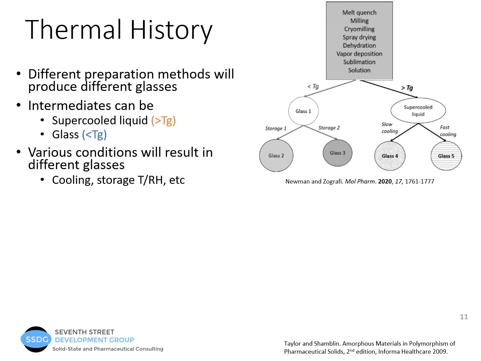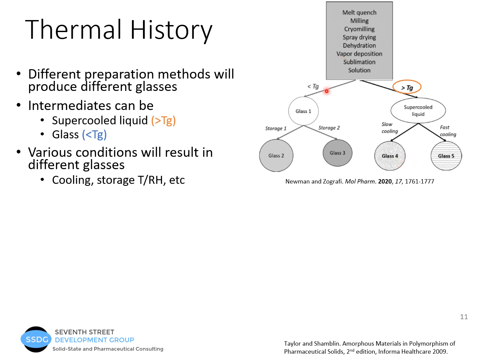To continue on this theme, different preparation methods will produce different glasses. Here we have a number of different preparation methods that commonly produce amorphous materials. Sometimes the intermediate will be through a supercooled liquid, and you can have slow cooling or fast cooling, and both of these can produce very different kinetic glasses.